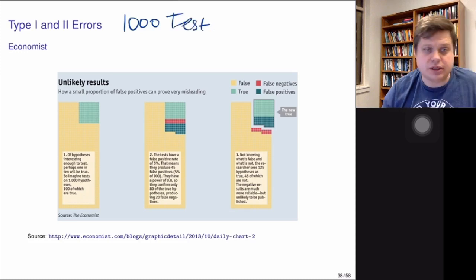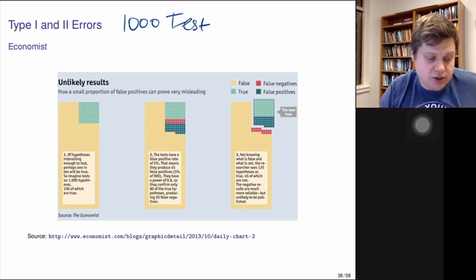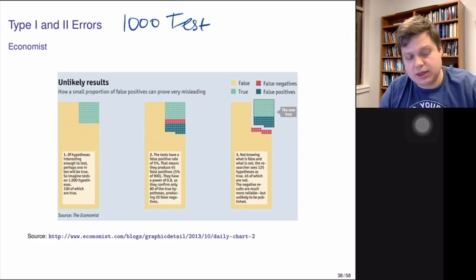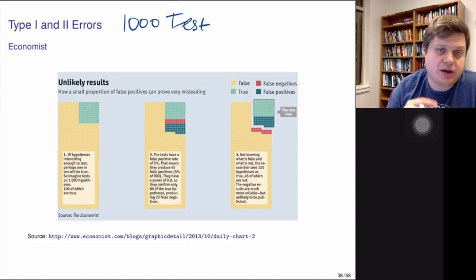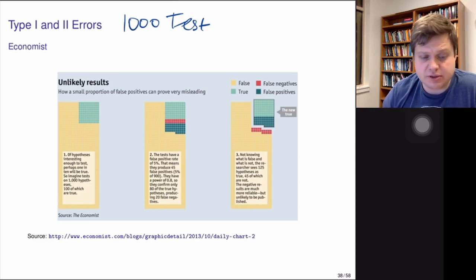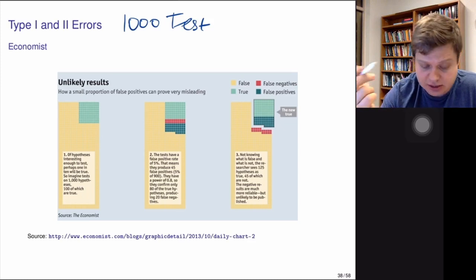Say we do a genetic study, or a marketing study, and we try to understand what attributes of our marketing campaign affect the outcome, whether people buy the product or not. Let's say we have 1,000 different attributes, and a hypothesis test for each, whether the attribute leads to higher sales or not.